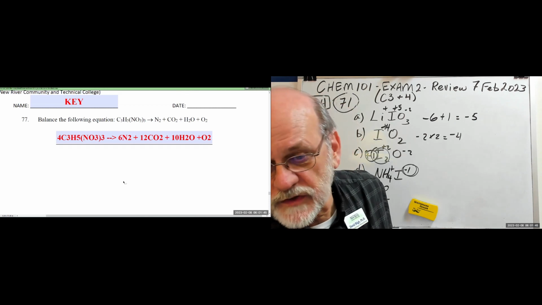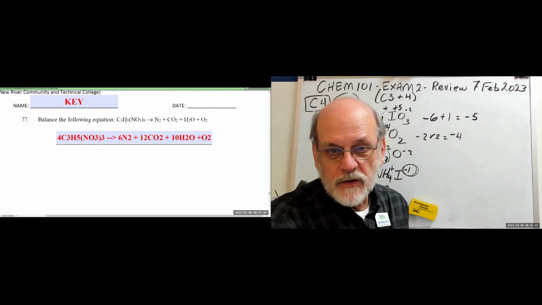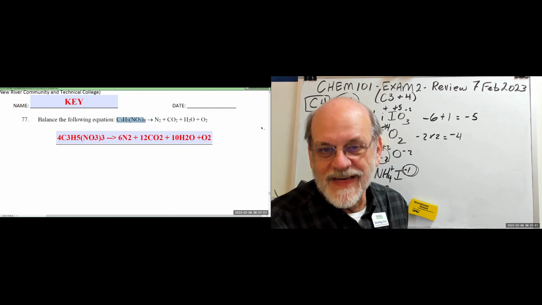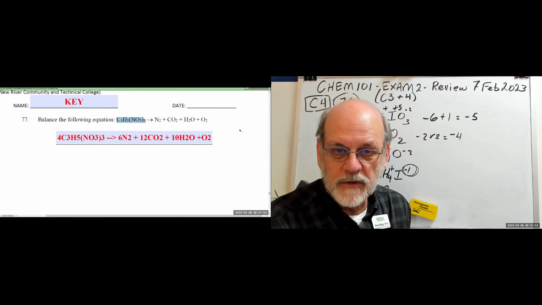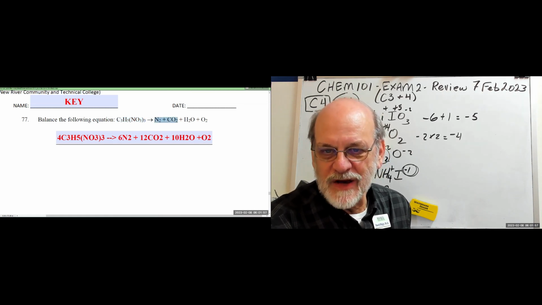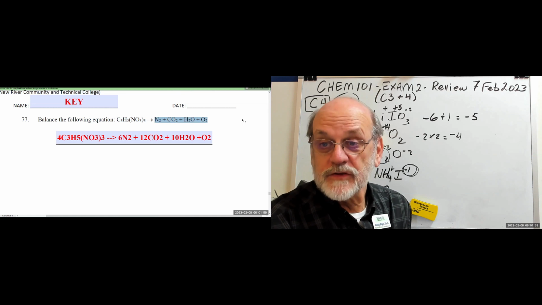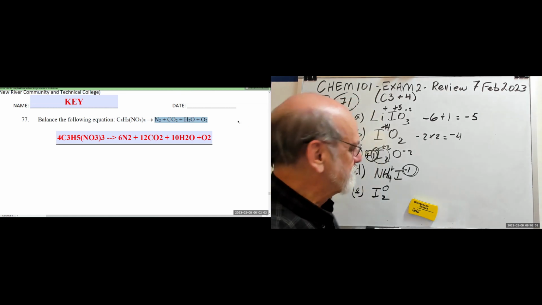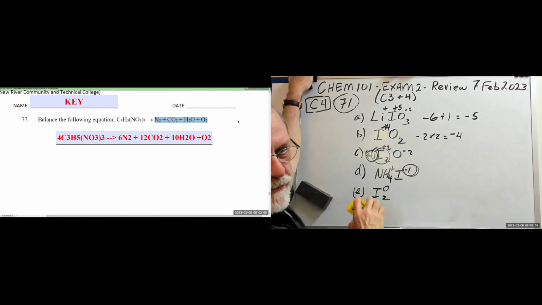The reason I want to do this one is, notice this compound. That is the molecular formula for nitroglycerin. And these are the products when nitroglycerin goes kablooey. All right. So let's do that one for fun.